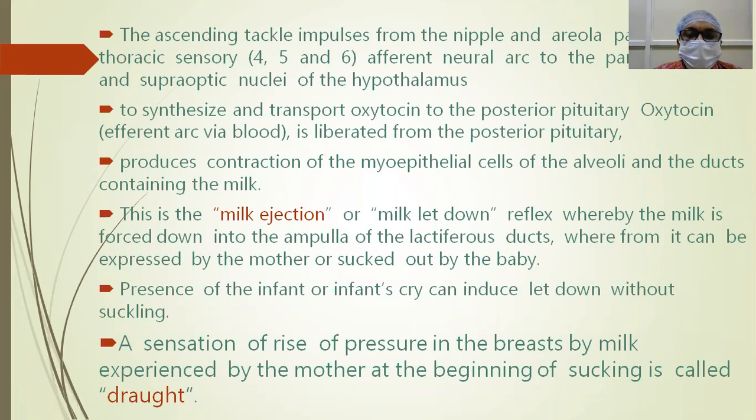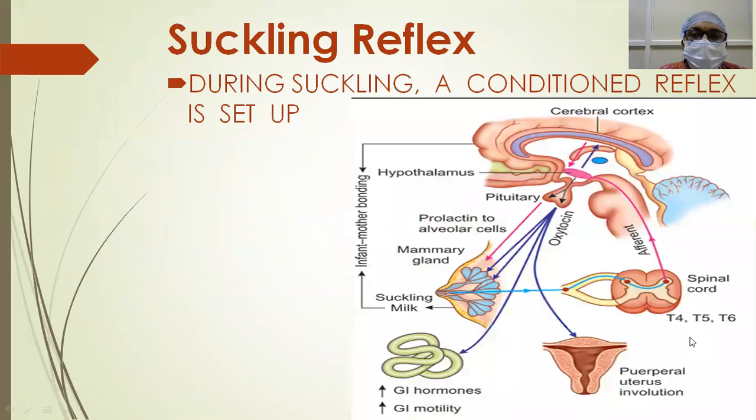The presence of the infant or the infant's cry can induce let-down without suckling. There is a sensation of rise and pressure in the breast by the milk experienced by the mother at the beginning of suckling, and it is called draught. So this is a conditioned reflex.